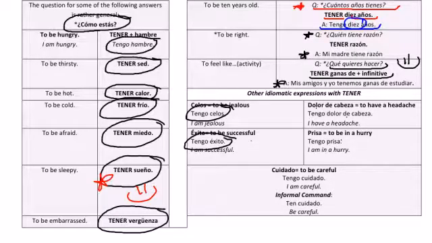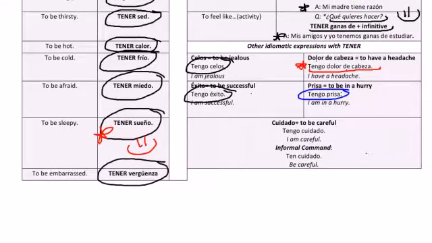Sometimes you might want to talk about a physical sensation, as stated above, tengo dolor de cabeza. And sometimes you just might be in a hurry, tengo prisa. Okay? Other things are going to be careful, tengo cuidado, but most likely we'd probably hear it in the command form, ten cuidado, be careful.